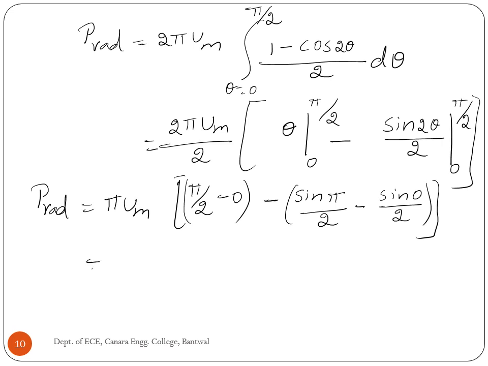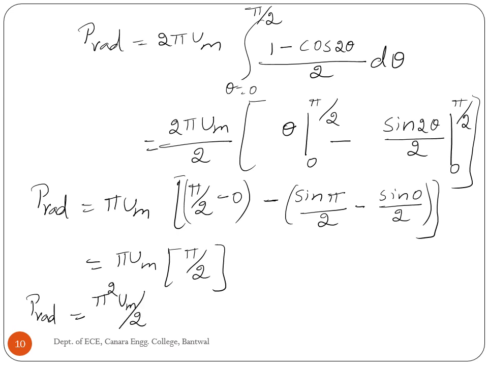So which is equal to pi Um times pi by 2. So radiated power is equal to pi square Um by 2.